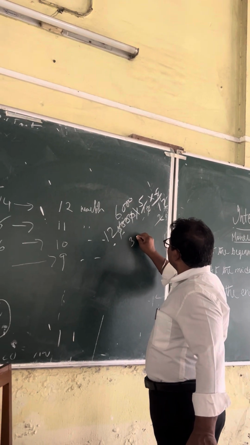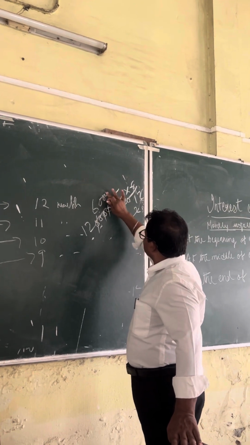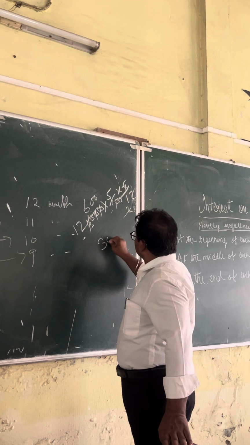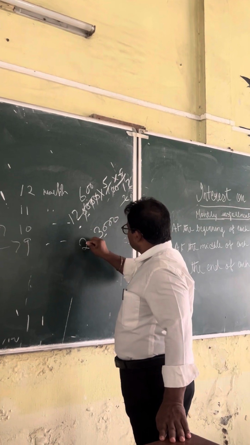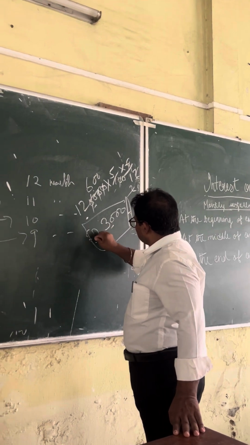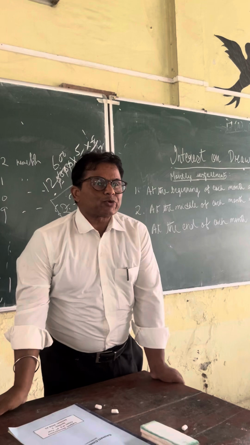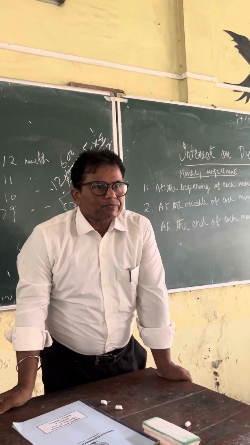Oh, this is 100, one more cut. Okay. So 3,000. It is coming 3,000. You understood? Yes, sir. This is how you have to calculate. Please practice at home.